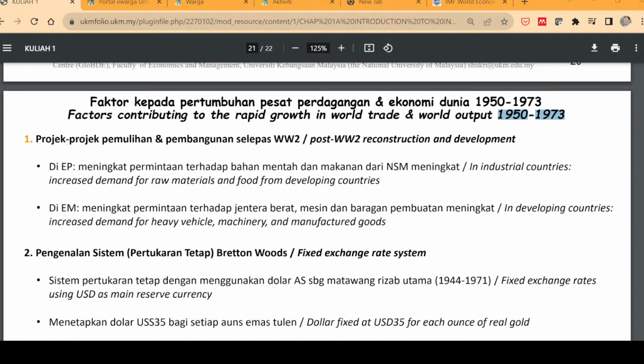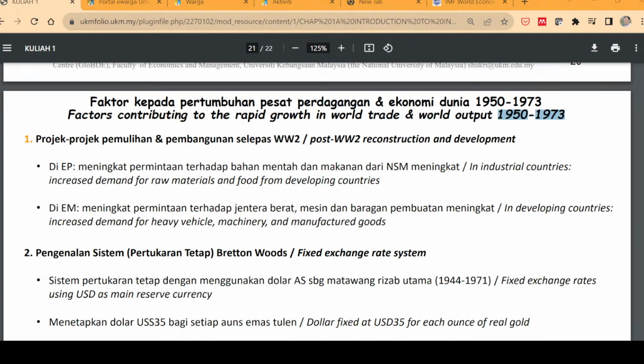At the same time, developed countries needed the raw materials, semi-finished products and commodities from developing countries, and they imported those.